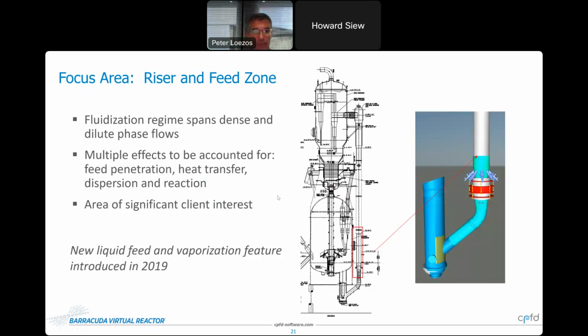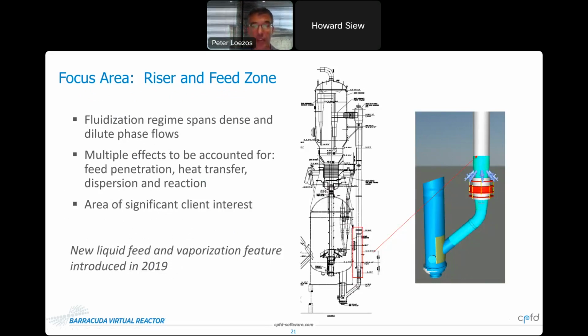So let me now shift into our next focus area, and that is the FCC riser and feed zone. So in the riser, the fluidization regime spans from dense phase to dilute phase flows. So you get dense phase flows at the bottom of the riser, let's say below the feed zone, and very dilute phase flows at the top of the riser.